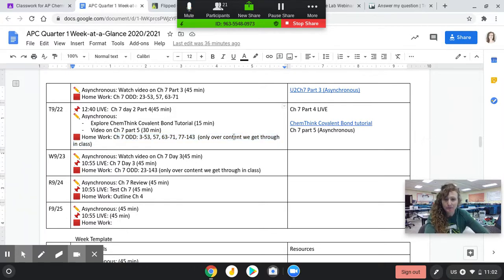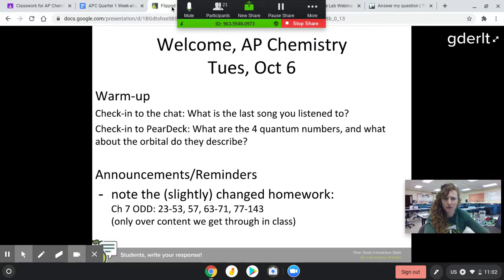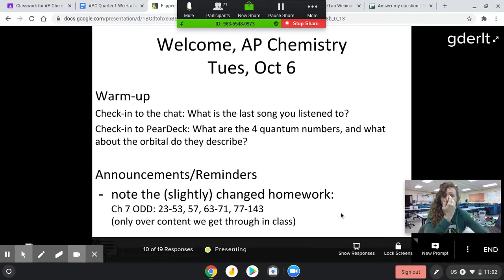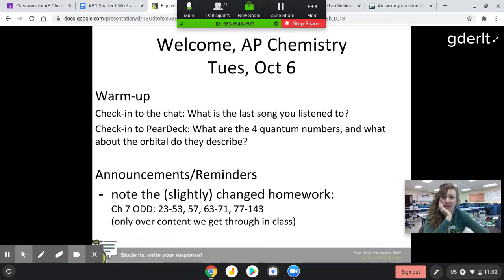The only other reminder I have is that during office hours today, we're going to talk about some of the post-lab stuff from Lab 2. So if you have questions on that, come during office hours today and we'll talk about it.